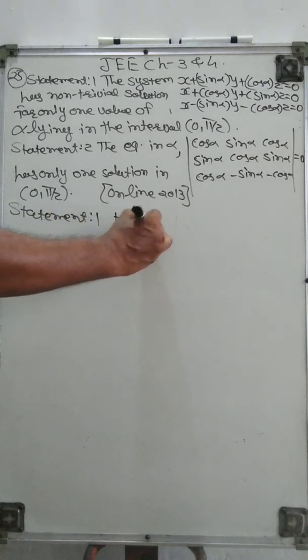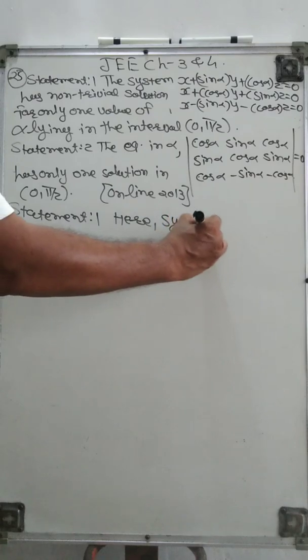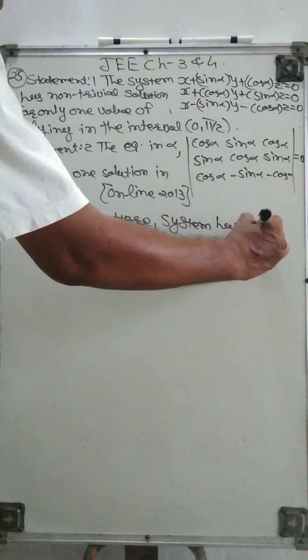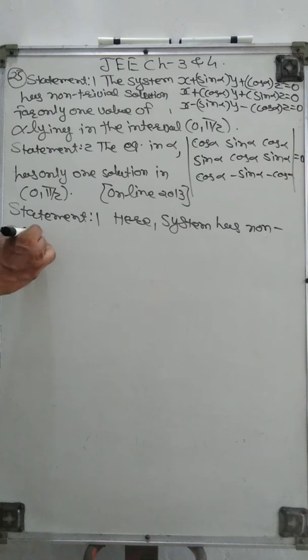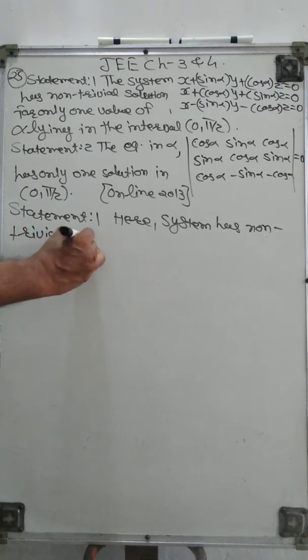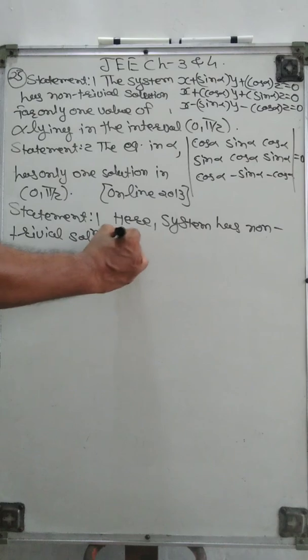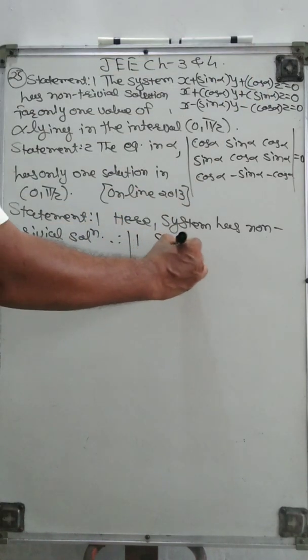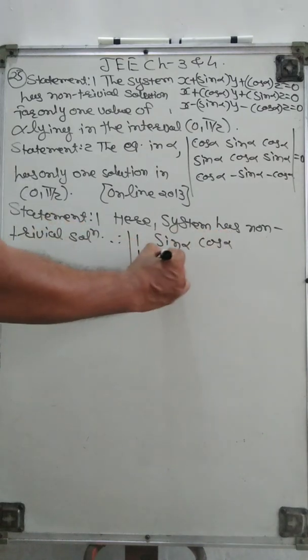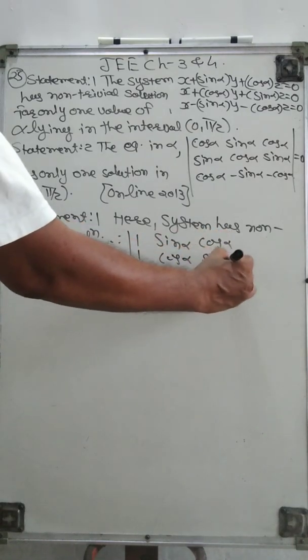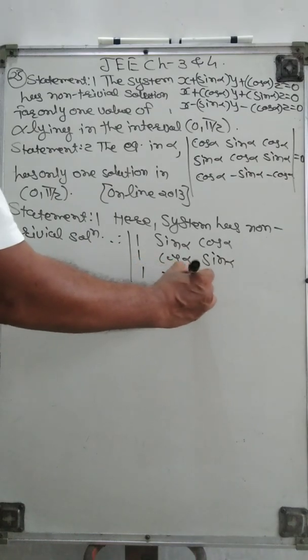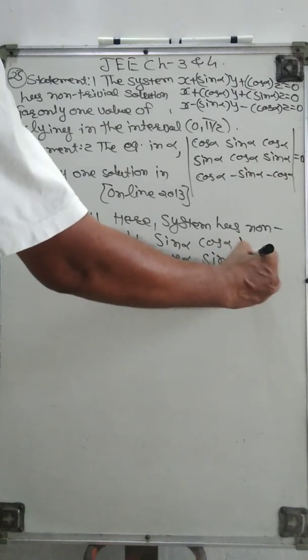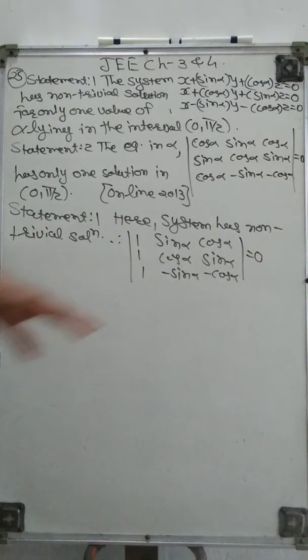Here the system has a non-trivial solution, right? Therefore we can say that the determinant of the coefficients of x, y, z is equal to 0. So the rows are 1, sin alpha, cos alpha; 1, cos alpha, sin alpha; 1, minus sin alpha, minus cos alpha, and this will be 0. Now we add the second row into the first, R1 plus R2.